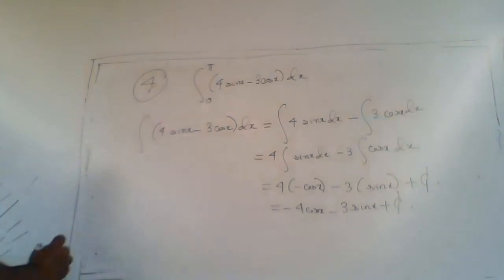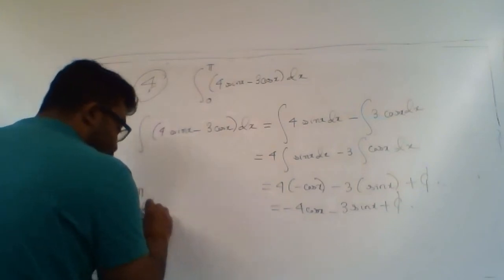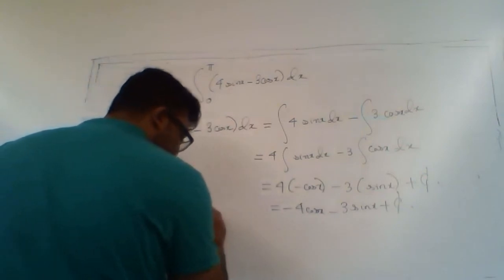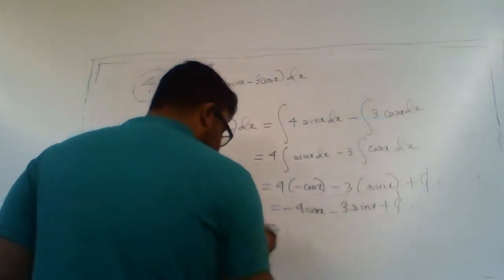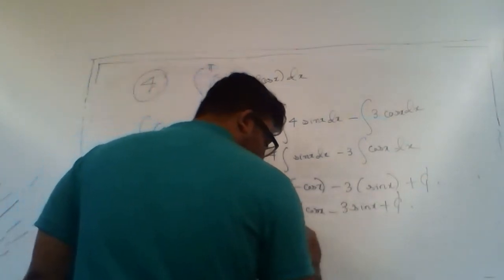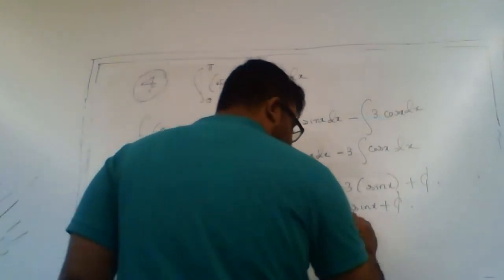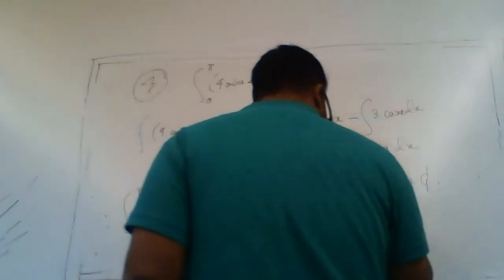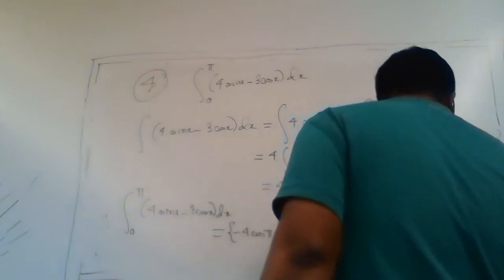Therefore, the integral from 0 to pi of 4 sin x minus 3 cosine x dx is, first you put pi, so you get minus 4 cosine pi minus 3 sin pi plus c, and you put minus, you put 0. If you put 0, you get minus 4 cosine 0 minus 3 sin 0 plus c.